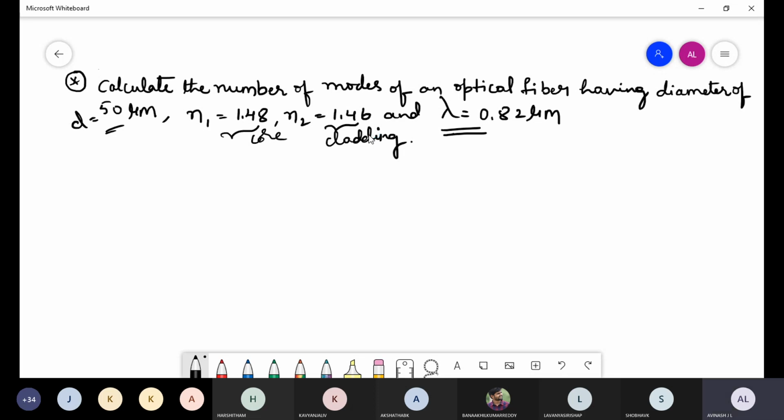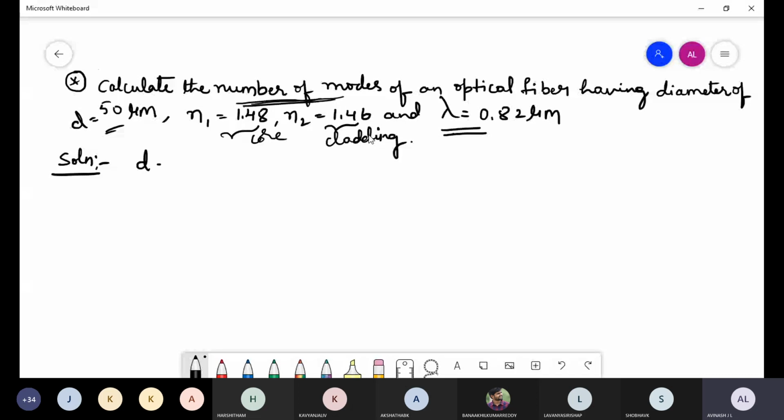So what is the thing we need to find? We need to calculate the number of modes. How many modes are possible? After taking the question, write the solution. Once you start a numerical, you should write the given things, then only we can start the next process.